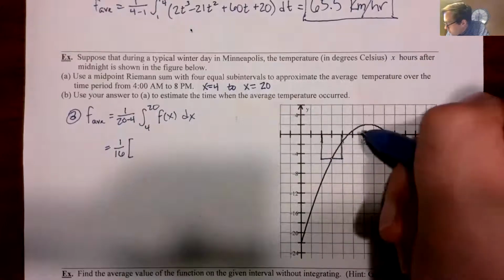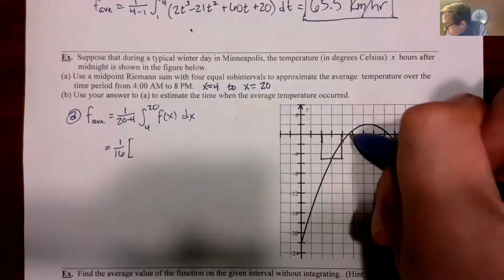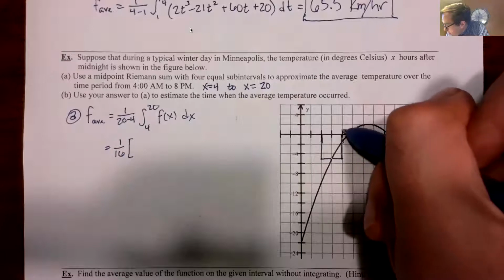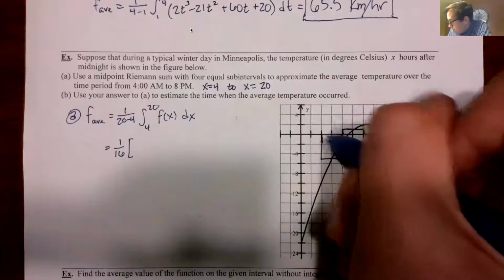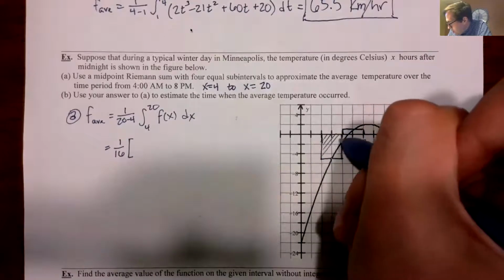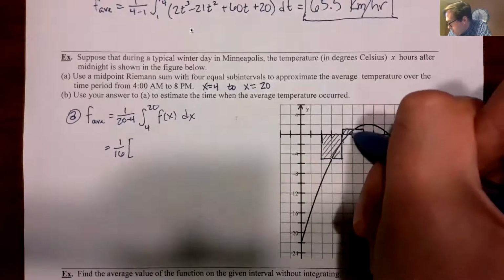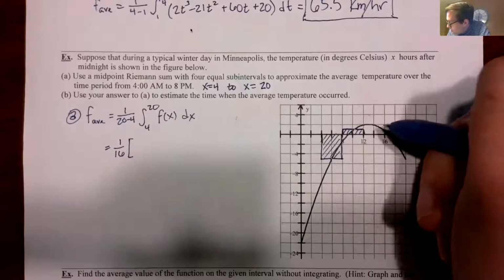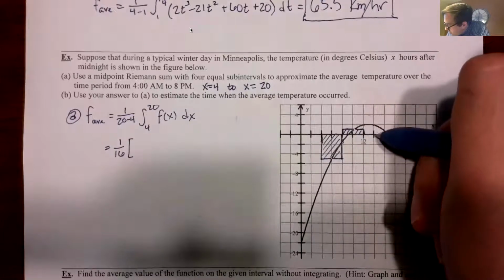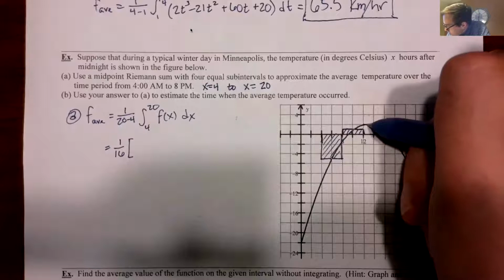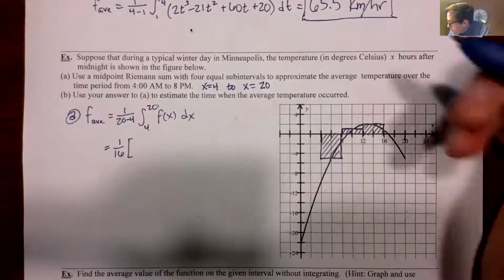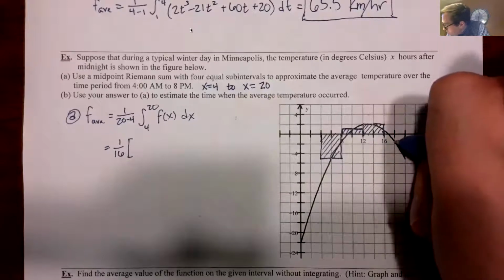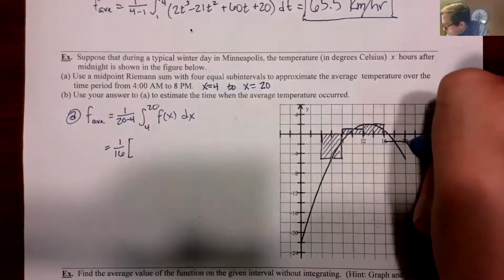From 8 to 12, I'm going to be putting a y value at an x of 10 for the bar, something like that. Let me just kind of shade these in so you can see them. From 12 to 16 will be wherever the 14 is, so right about up here. And then from 16 to 20 will be wherever the 18 is, so somewhere right around here.